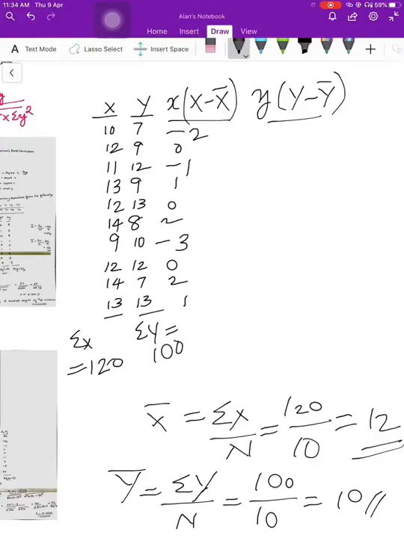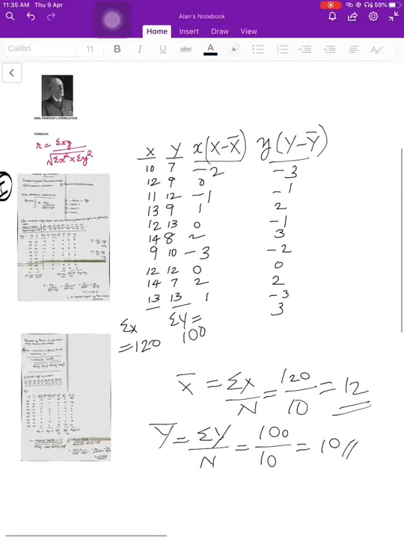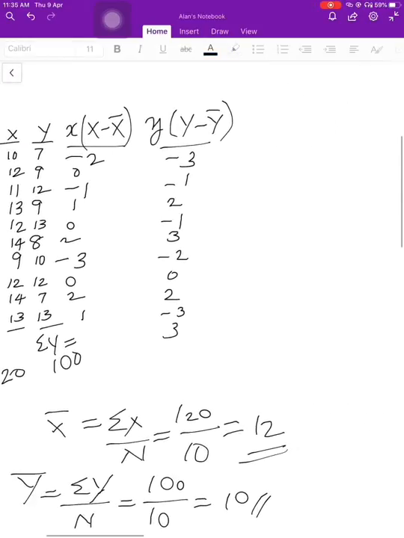Once that is done, small y will be 7 minus 10, that is minus 3. In the same way we go forward: minus 1, then 2, then minus 1, then 3, then minus 2, then 0, 2, minus 3 and 3. I'm sorry, the order may be a bit confusing, but understand the essence of the whole thing. So we could identify small y as well.